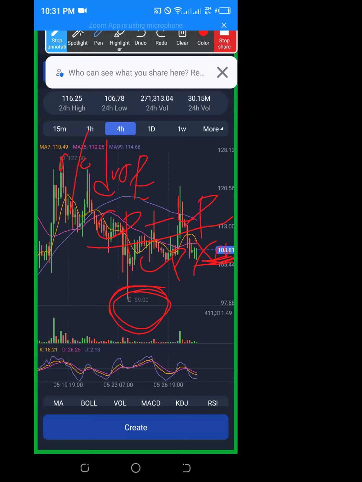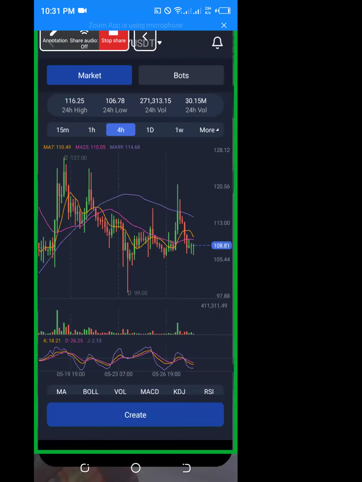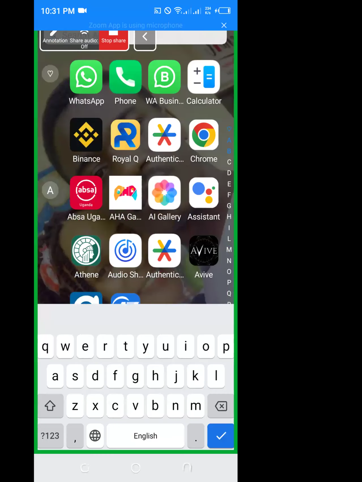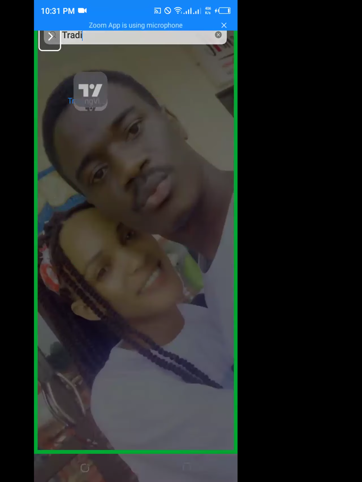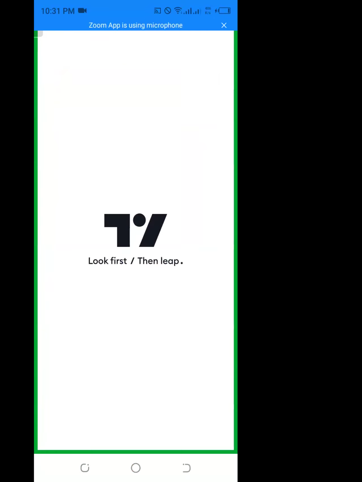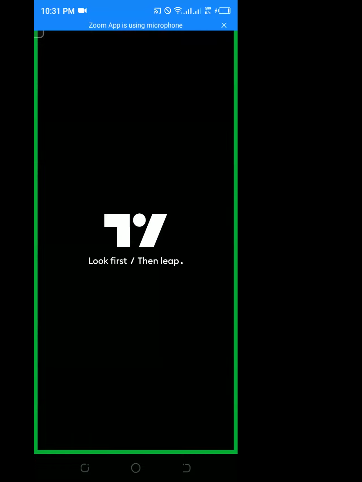Okay. What if I go to my TradingView here? I'm going to mix these two things, TradingView with the settings.